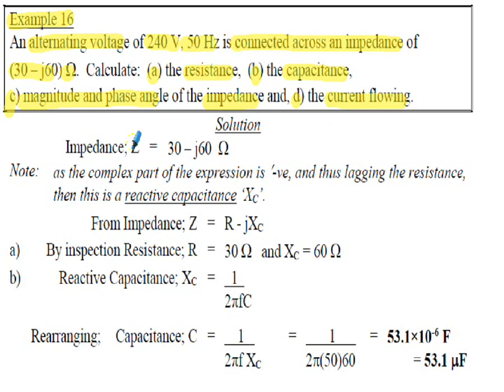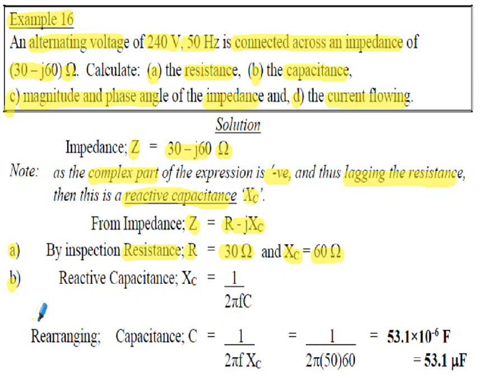So given in the question the impedance Z is 30 minus J60 ohms, we note the complex part of the expression is negative, so it's lagging the resistance, so we have a reactive capacitance XC. So the impedance Z is equal to R minus JXC. So for part A, by inspection, resistance R is 30 ohms and XC is 60 ohms.